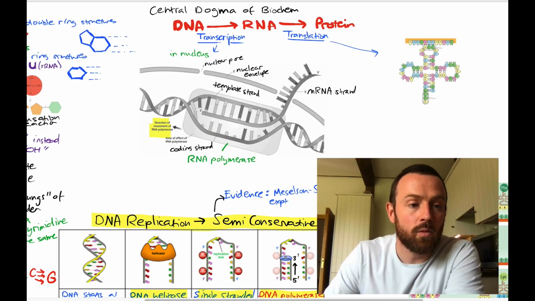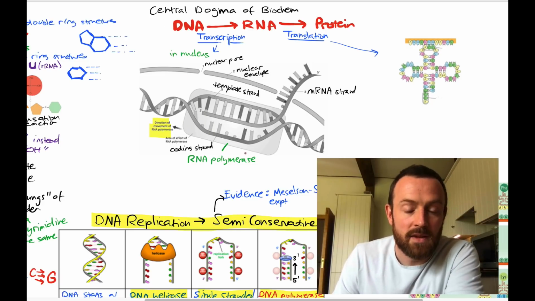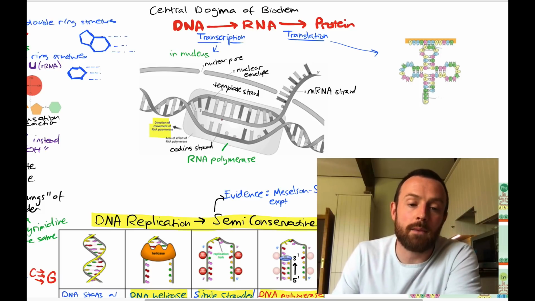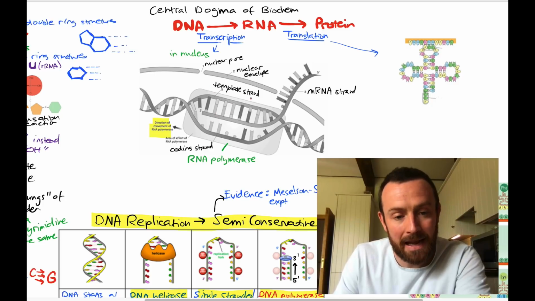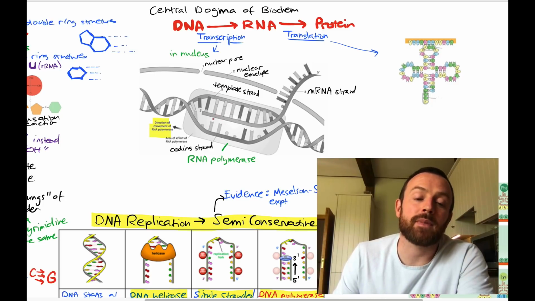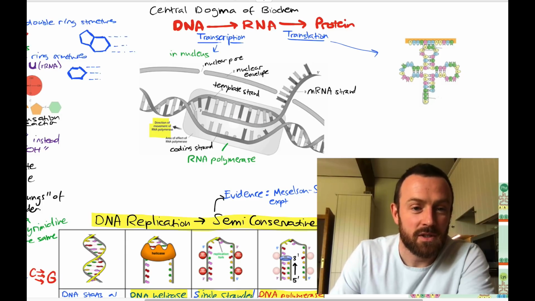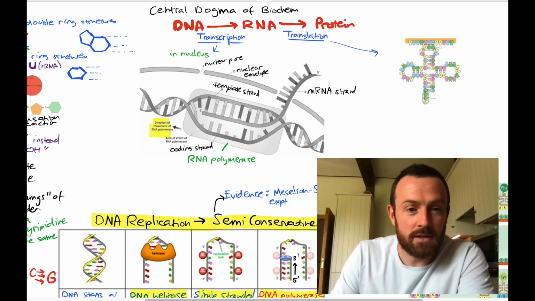And again, what's happening when it's doing that is it is joining up the backbone. Free nucleotides will fly in and anneal next to the template strand, and then the RNA polymerase joins the backbone. Let's color that in a little bit.